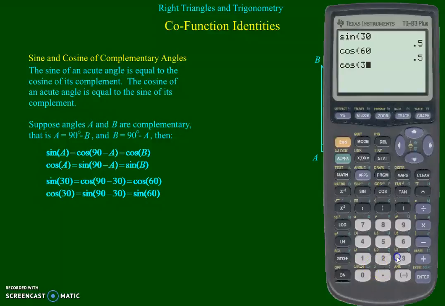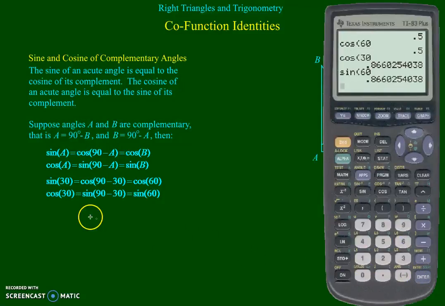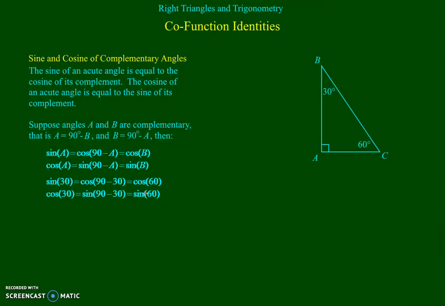Likewise, the cosine of 30 is 0.866, and so on, and the sine of its complement is going to be the same number. So the sine of an angle is the cosine of its complement, and the cosine of an angle is the sine of its complement. So let's look at a couple of quick examples.